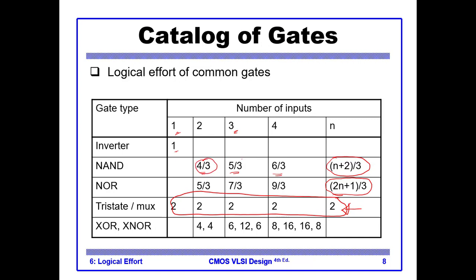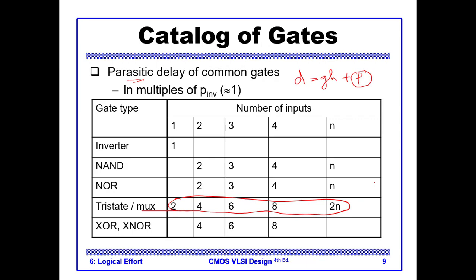When n is equal to 3, it is 5/3. Similarly for the 2-input NOR, it is 5/3. So you can use this formula and this formula if you don't remember these values.